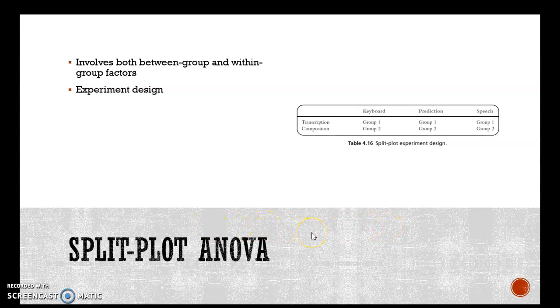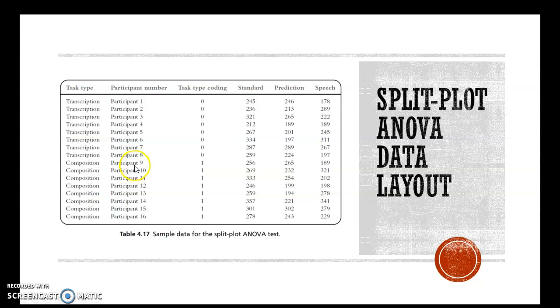Split plot ANOVA is used for both. If you involve both within and between group testing in the experimental design, then you use split plot. What that means is, let's see, participants 1 to 8 do all three conditions with one task, but they don't mix with the second group.